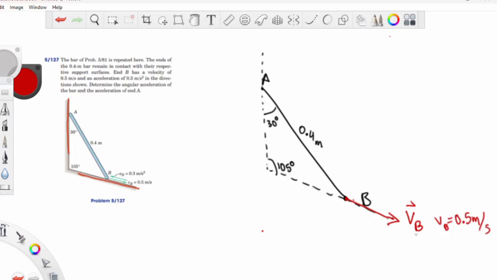And we also know that its derivative points in the same direction, and it has a magnitude of minus 0.3 meters per second squared.